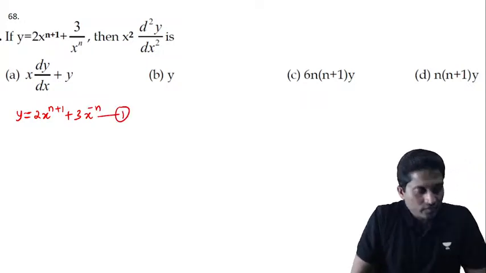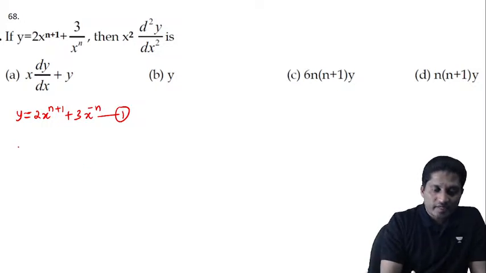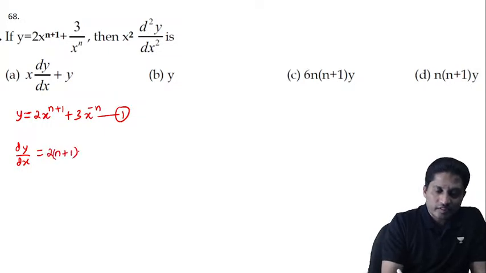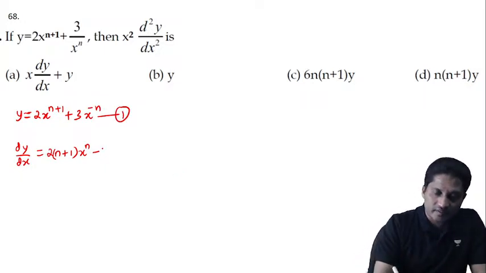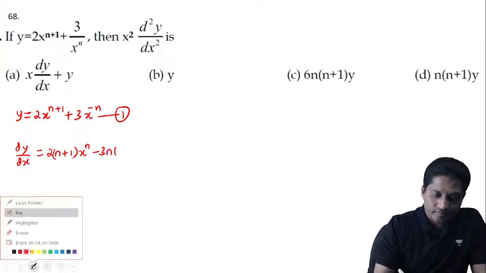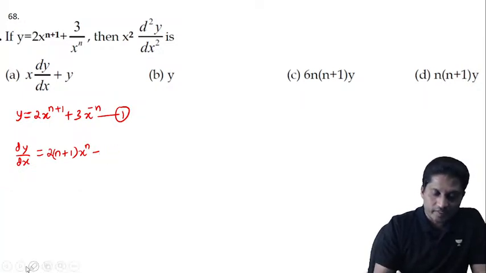Now if I differentiate once, dy by dx is equal to 2 into n plus 1 into x to the power of n. x power minus n is minus 3, n into x to the power of minus n minus 1, right?